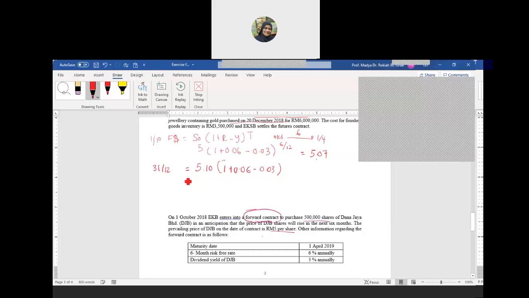Now, from 31st December until 1st of April, you only have 3 months, so 3 divided by 12 here. What is the price that you have for that one? Okay, 5.14.